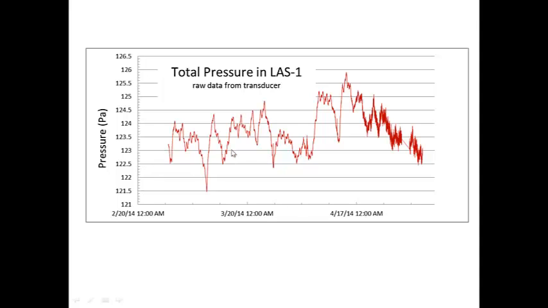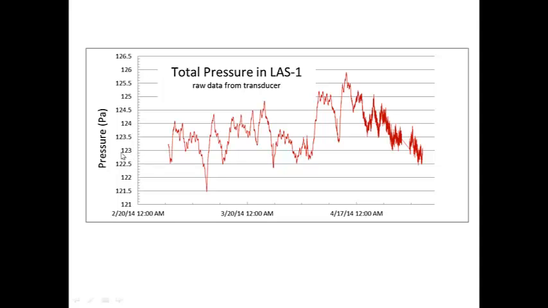So you can see that it's kind of bouncing around. The units are in pascals, or actually, I'm sorry, it should be kilopascals. And 1 kilopascal is equal to 10 centimeters of water. So we can figure out how much water this would be.